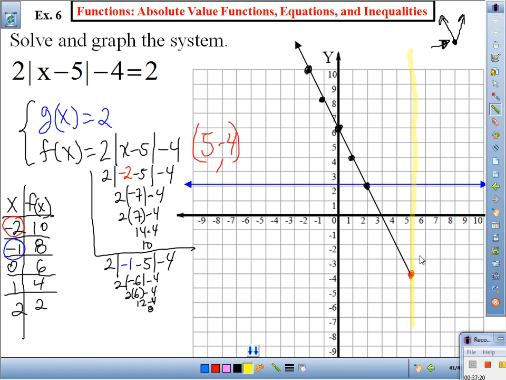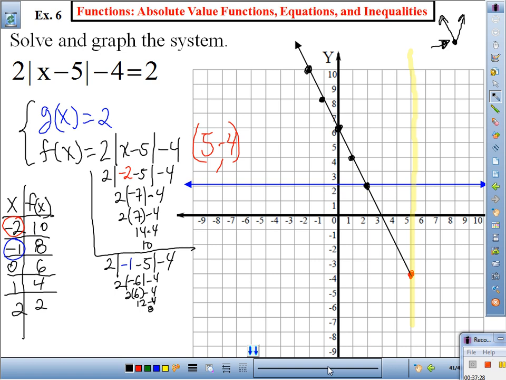If it creates a mirror, tell your neighbor the other 2 points at least that we need on this side to sketch our function. What are the other 2 points on this side? Other 2 points. Okay, let's see.